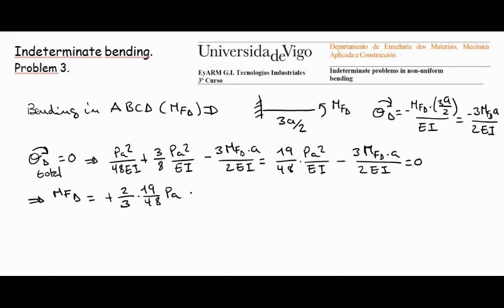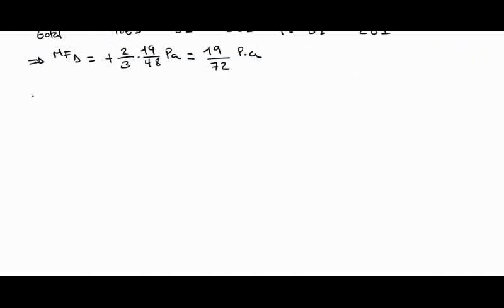Okay, so 48 divided by 2 is 24, multiplied by 3 is 72, so 19 divided by 72 PA. Okay, this is the result of the bending moment at D in the symmetrical case.